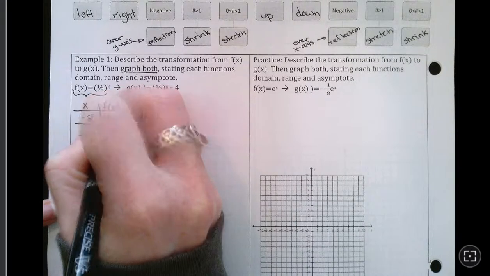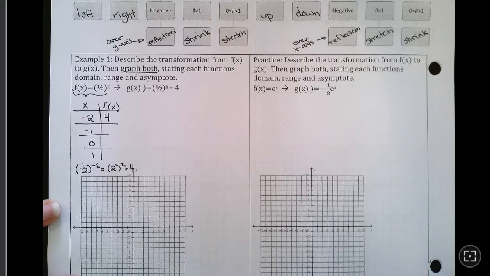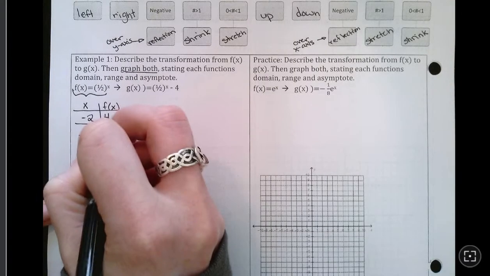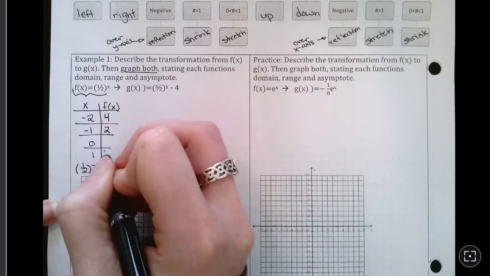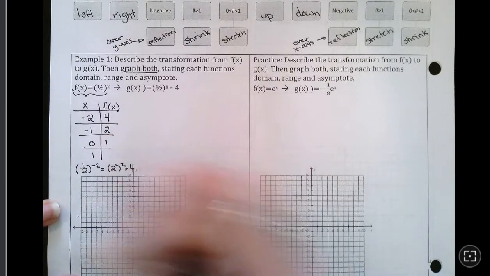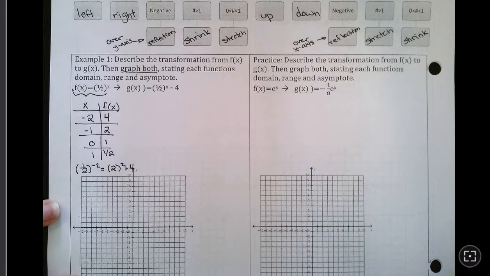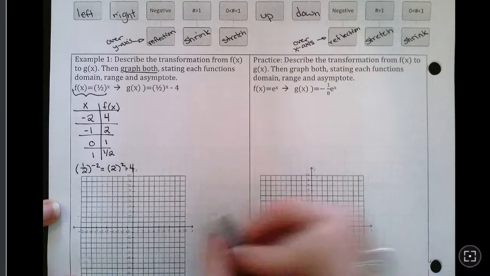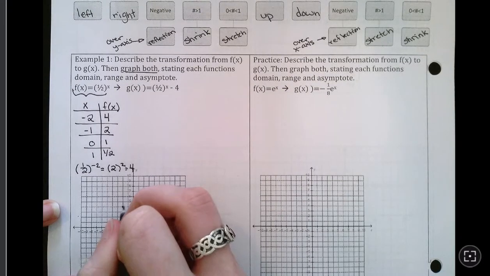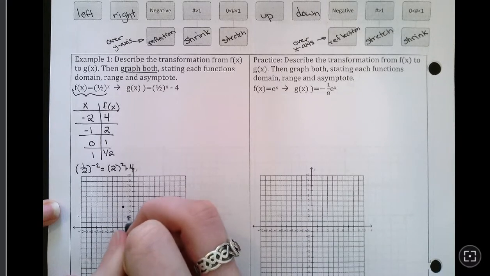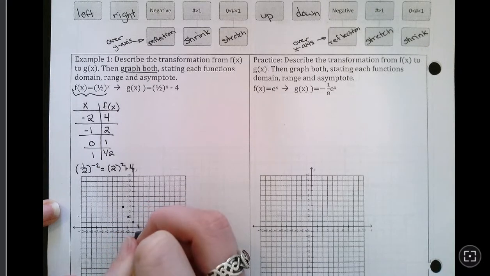So in this one I'll have 4. Go through, follow that same process for each of these. This one will be a 2. We no longer have negatives here, anything to the 0 power is 1. 1/2 to the first power is that 1/2 back out. So down below I should have -2 up to 4, -1, 2, 0, 1, and 1 and 1/2.